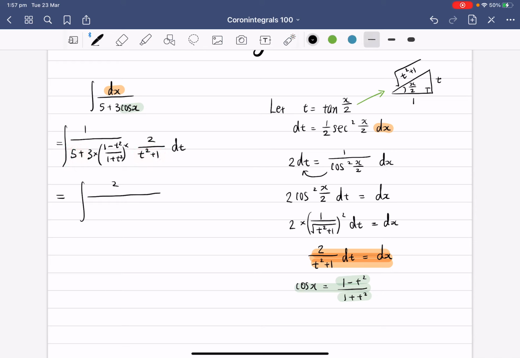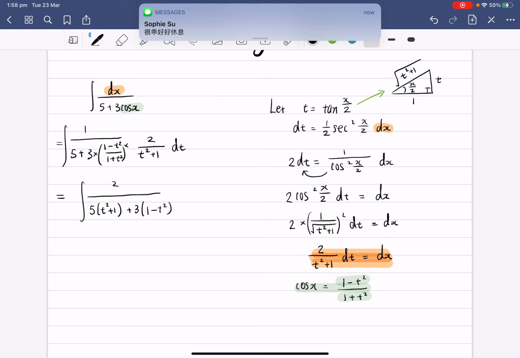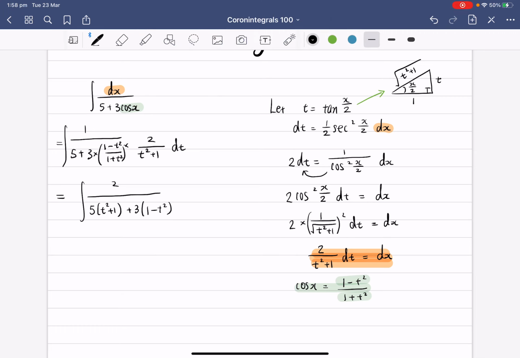So we end up with 5 bracket t squared plus 1 plus. Now the next one, that's t squared plus 1, that's also t squared plus 1. So if you multiply these two terms together, this cancels out. Which means you end up with 3 bracket 1 minus t squared, and dt.